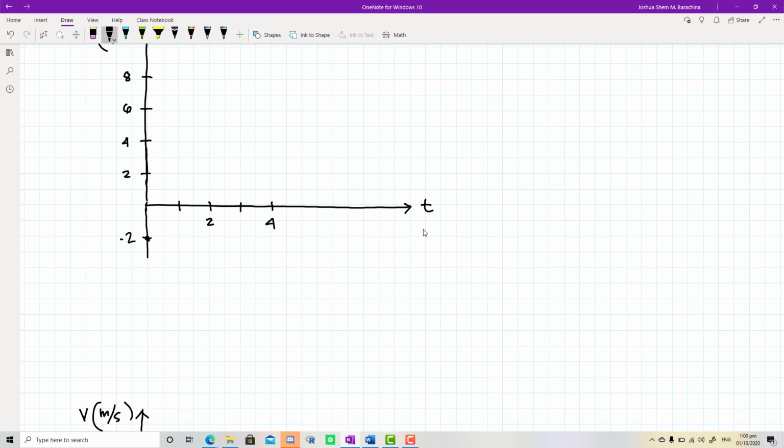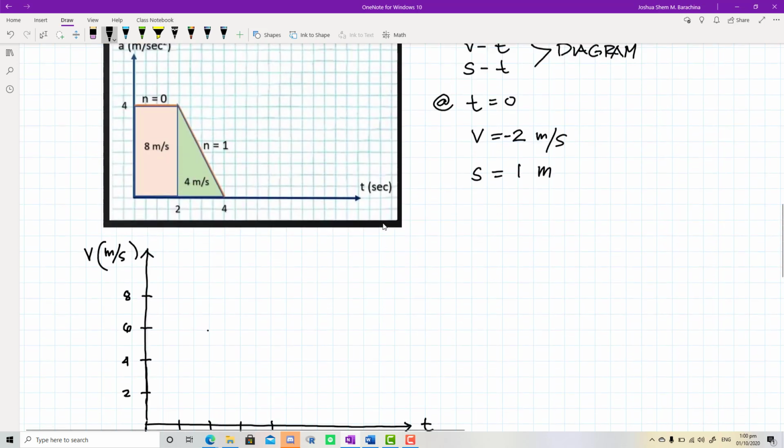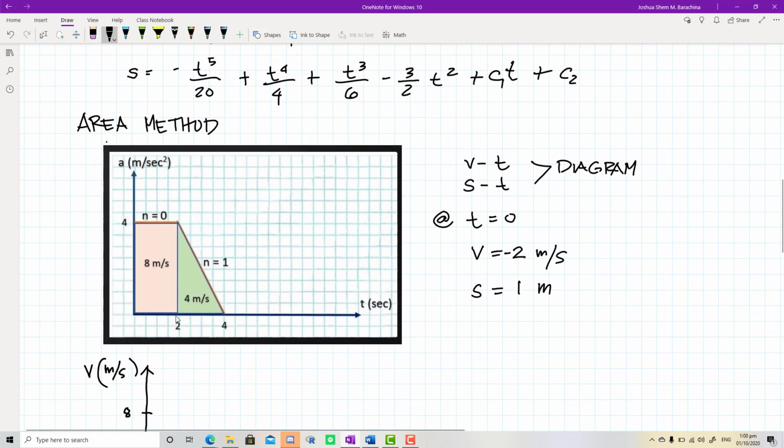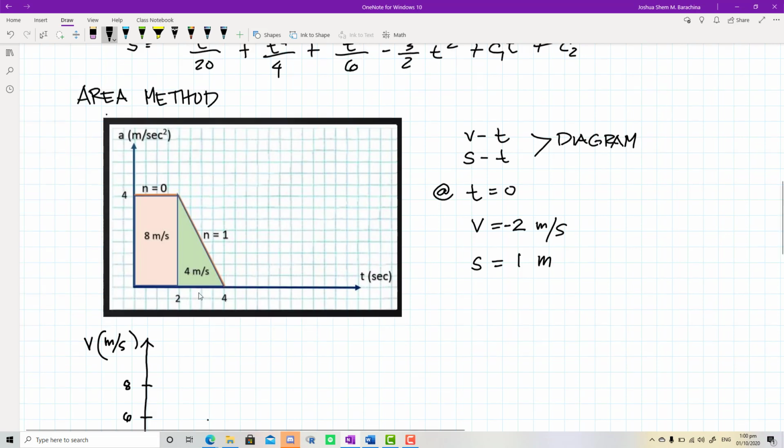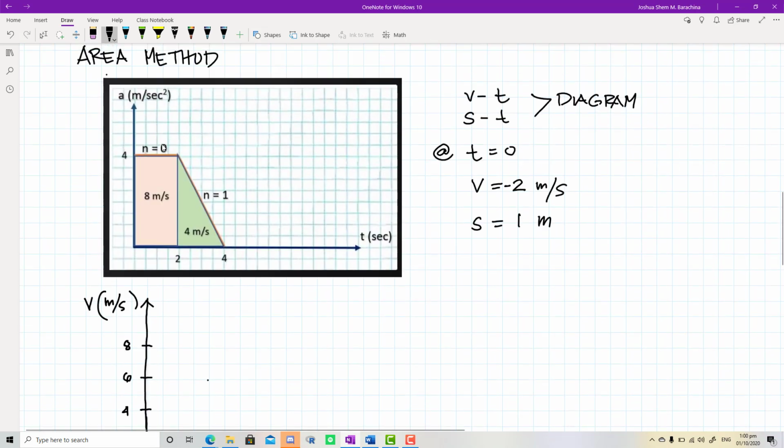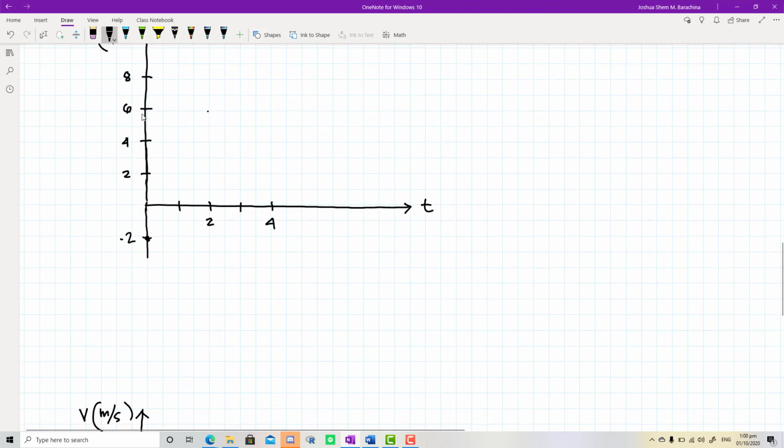Right? So the end point should be here after 2 seconds. Right? Because this is ending at 2 seconds. Negative 2 plus 8 positive increase is equal to positive 6. Okay, can you follow?